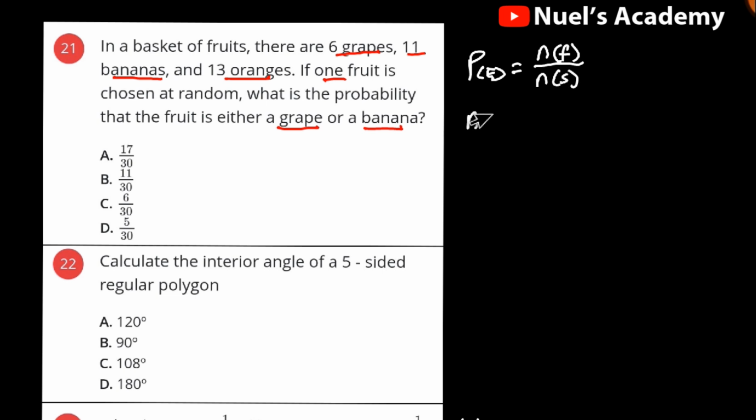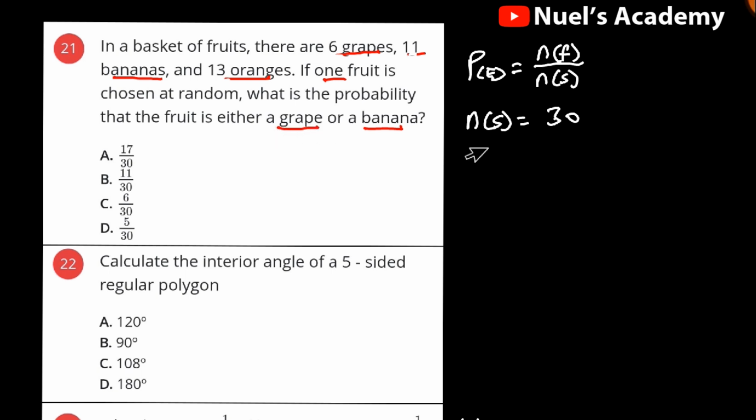Now the number of possible outcomes is equal to the sum of the fruits we have here. So we have 6 plus 11 plus 13, which gives us 30. So this is the number of possible outcomes. Now the number of favorable outcomes for grape, because we have to find the probability that the fruit is either a grape or a banana.